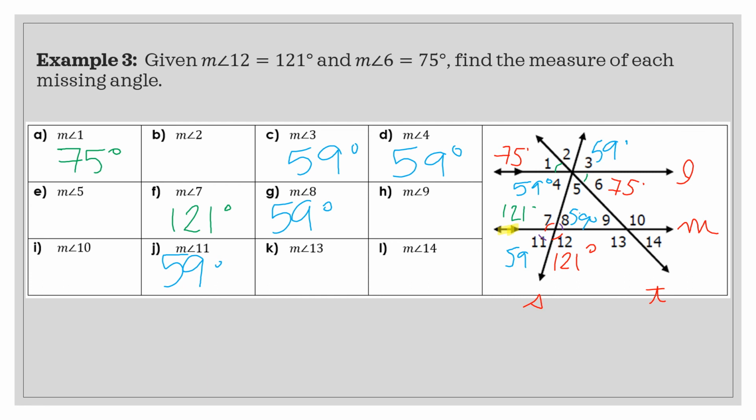If I do 180 and subtract 75, and then subtract 59, that's going to give me the measure for angle 2, which is 46 degrees. And then again, angle 5 is its vertical angle, so angle 5 should also be 46 degrees.